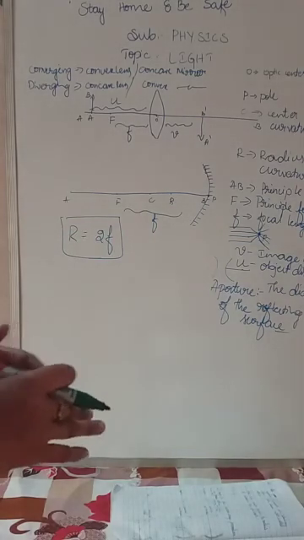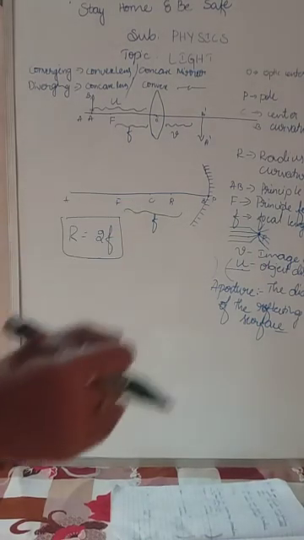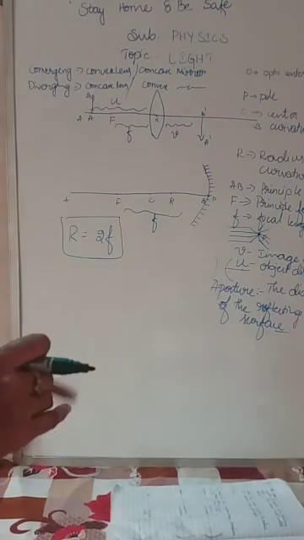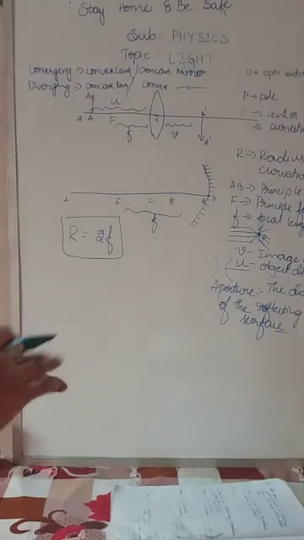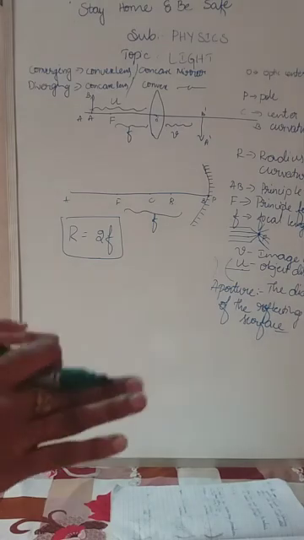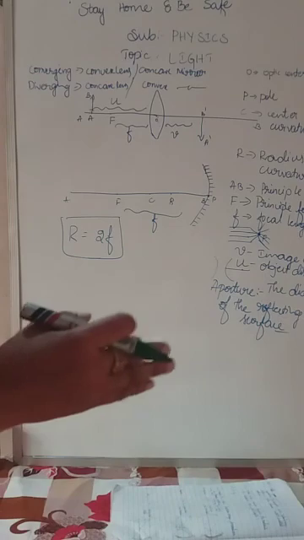Size and nature of the image means how the image is formed, and position of the image means where the image is formed. You have to copy that. Later I will explain how it is formed and everything. Hope you will copy that and keep it ready.